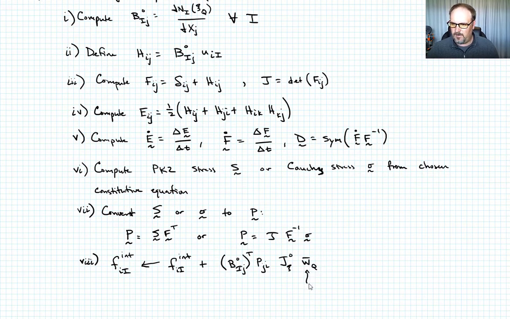And what is W_q bar? That's our quadrature weight. We do this for all I.